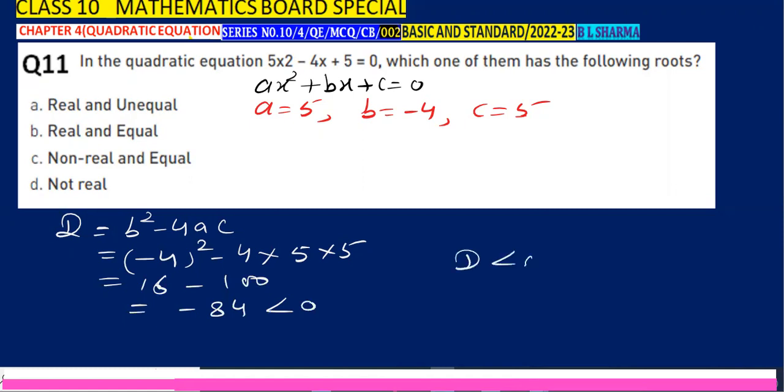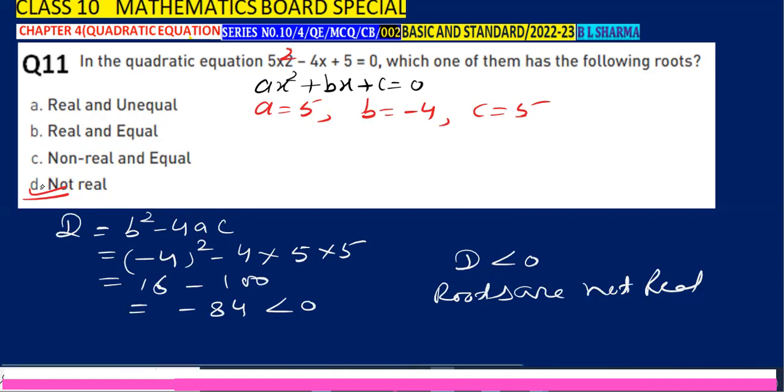So if discriminant is negative or less than 0, then roots are not real. So B is the correct answer here. इसके रूट रियल नहीं होंगे, means imaginary roots will be there. So B is the correct option.